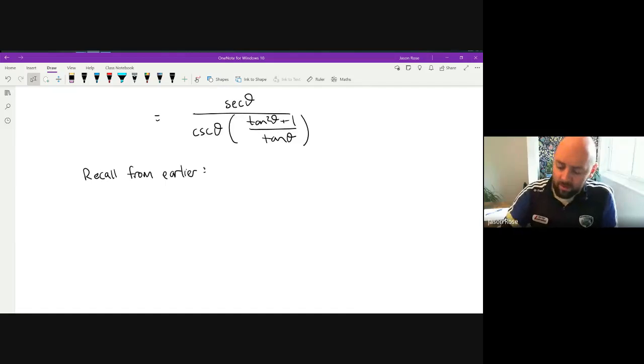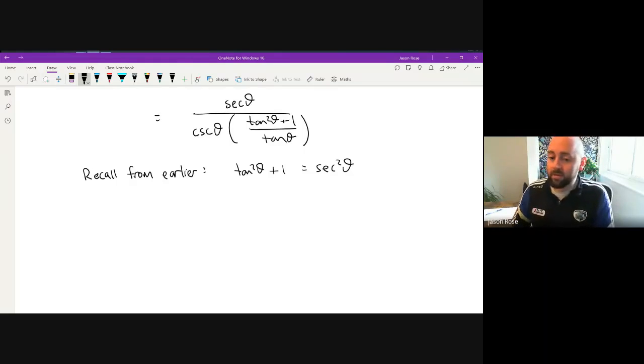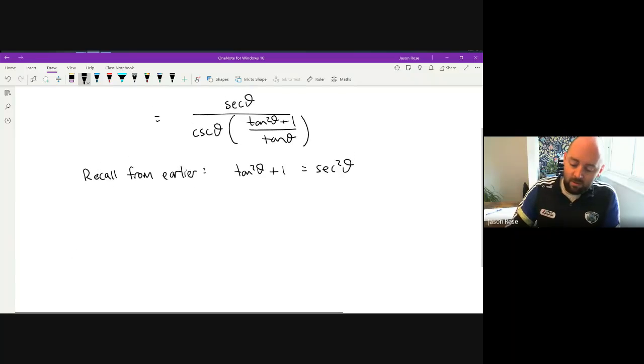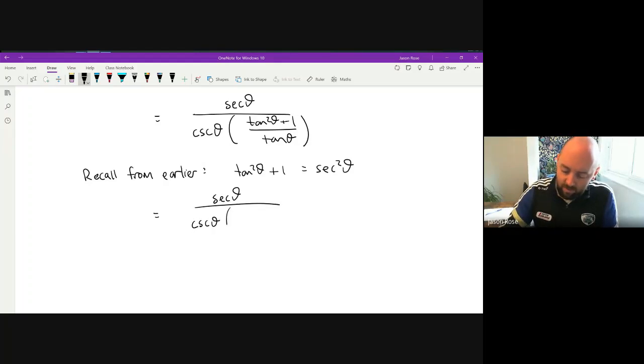So recall from earlier we had tan squared theta plus 1 was secant squared theta. That was one of our Pythagorean identities. So we're going to use that here. And we have secant theta divided by cosecant theta multiplied by that tan squared plus 1 being replaced by secant squared.